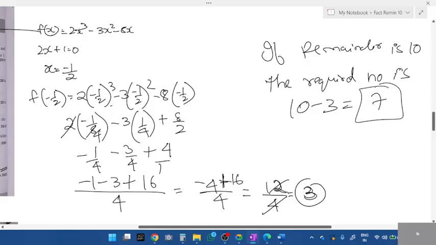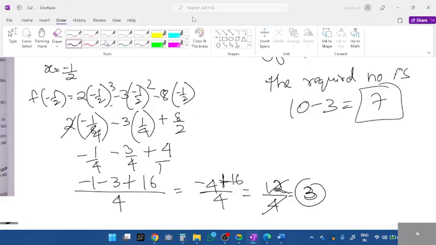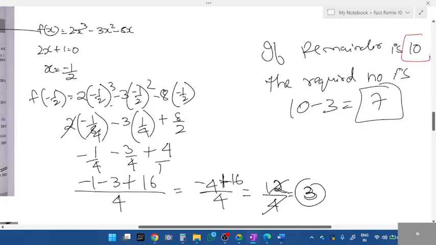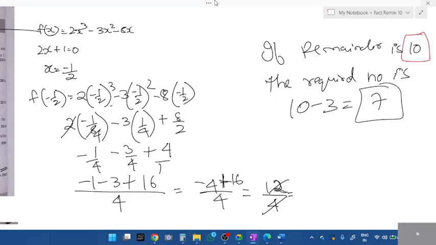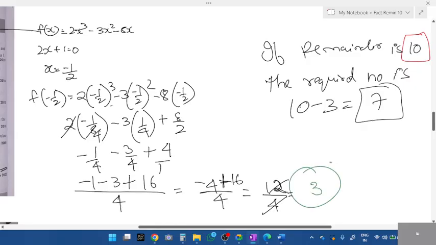So according to the question, they wanted the remainder 10, students. Remember this, they wanted remainder 10, but we got remainder 3. So they are asking what is the extra number you have to add. Whatever we got, along with that, we have to add 7. If remainder is 10, the required number is 10 minus 3, that is equals to 7. 7 is the answer. Fine.